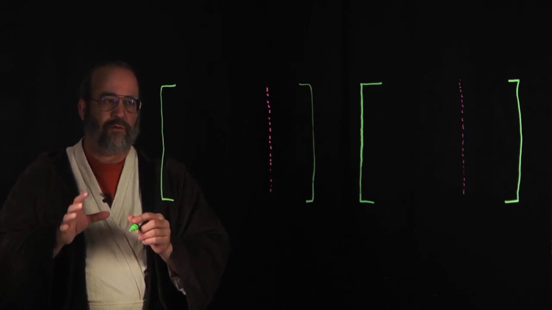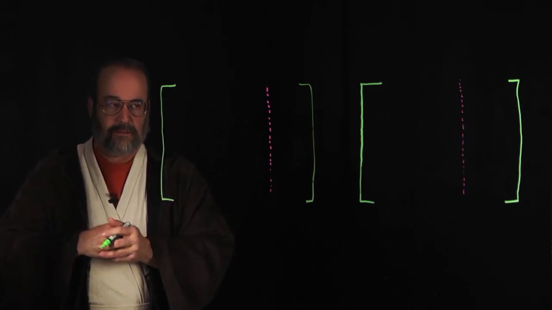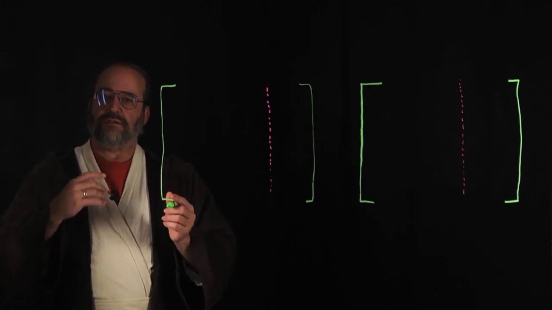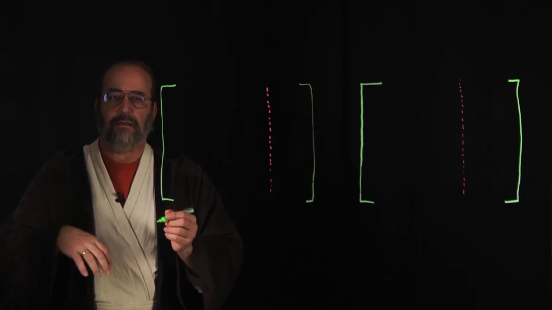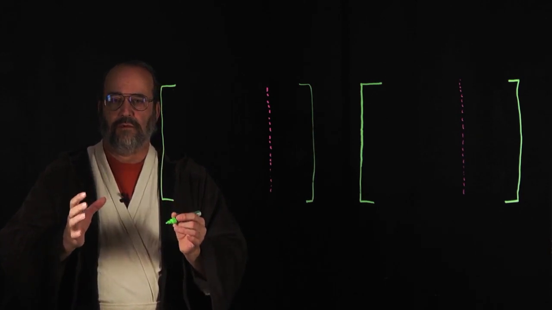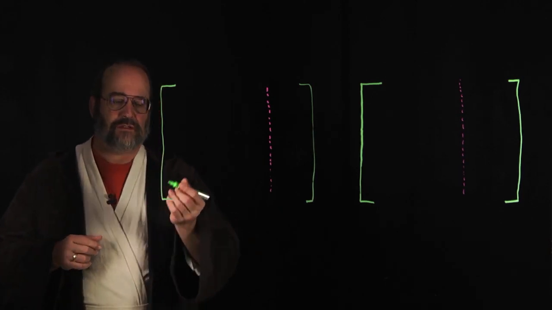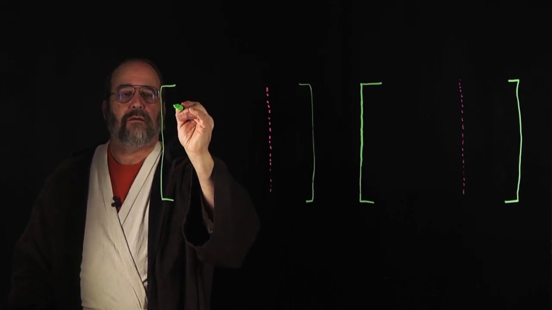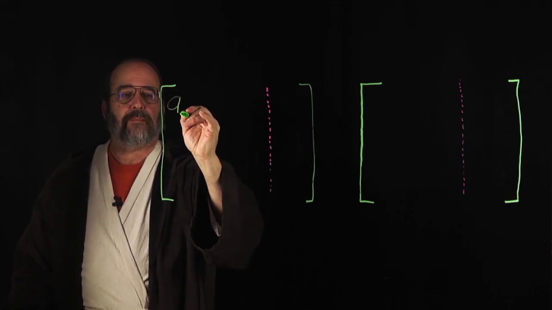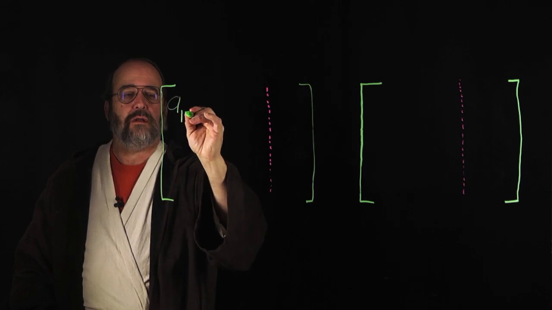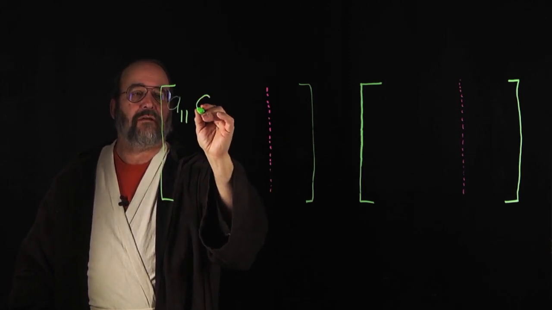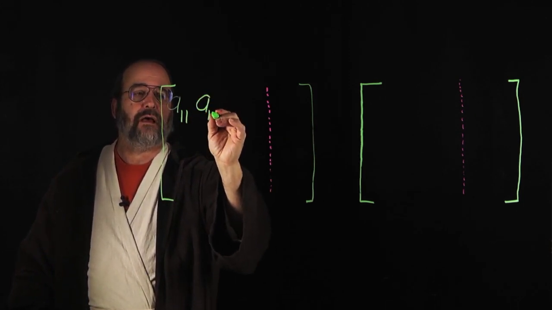Before we had 1, -1, 3 and all that, but I don't want to get confused with numbers, so I'm just going to use the lowercase letter a to represent the numbers in a generic matrix. I'm going to start out with a1,1, because that represents row 1 and column 1. Then here we have a1,2, row 1, column 2.